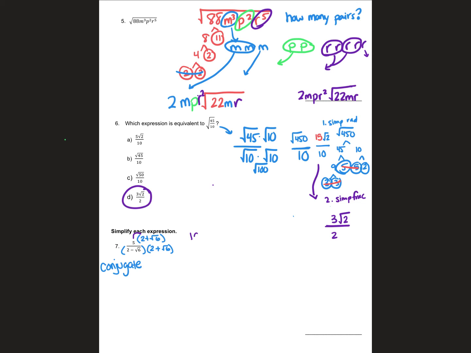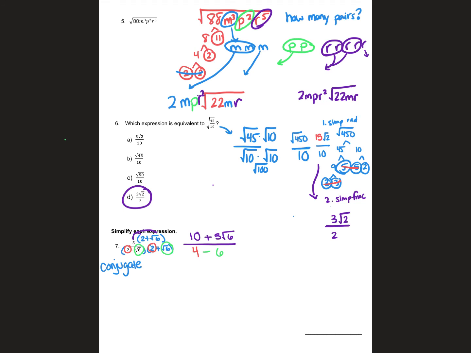So 5 times 2 is 10. 5 times radical 6. Well, the 5 is outside and the radical 6 is inside, so they just combine together. Now on the bottom, it's always going to be the first in each group, like 2 times 2, which is 4, and the last in each group, radical 6 times radical 6. The minus in between, because it's really negative radical 6 times radical 6. Remember, when you multiply a radical by itself, it becomes that number with no radical.